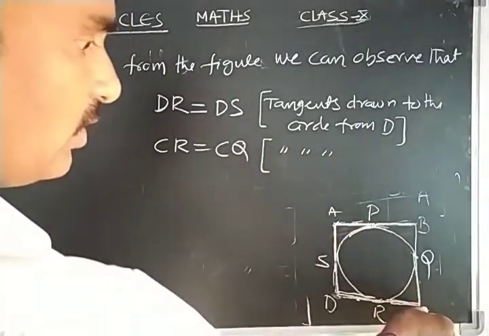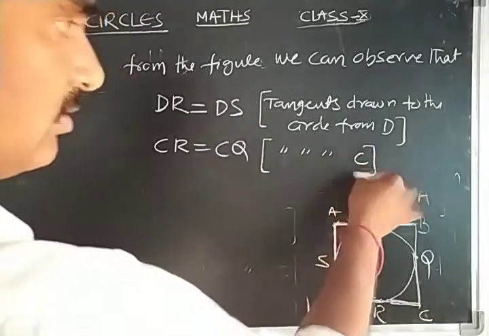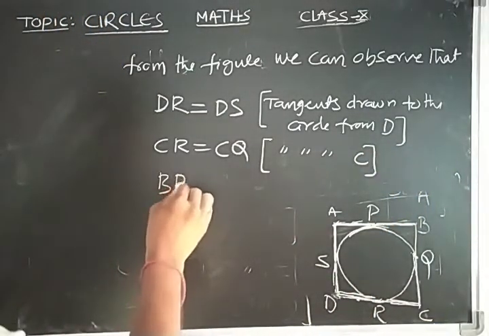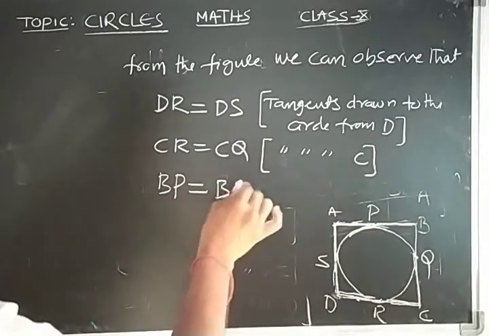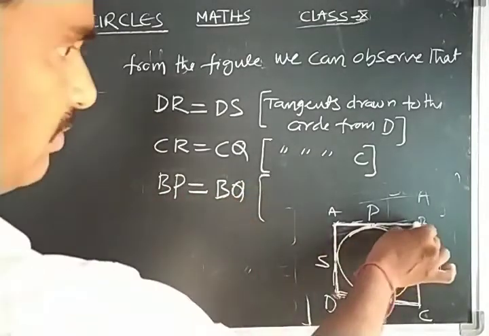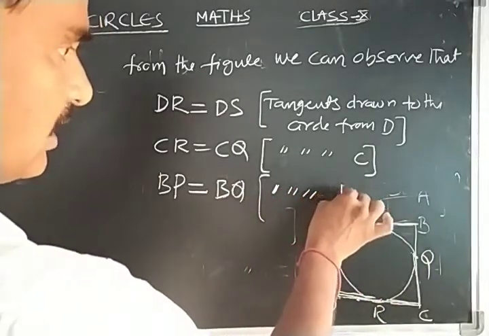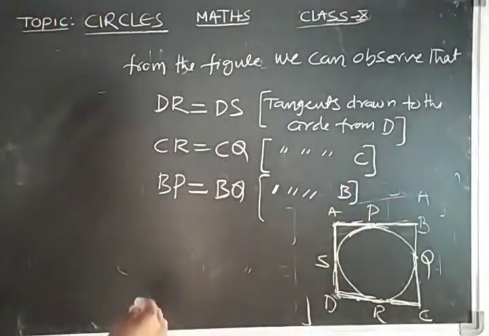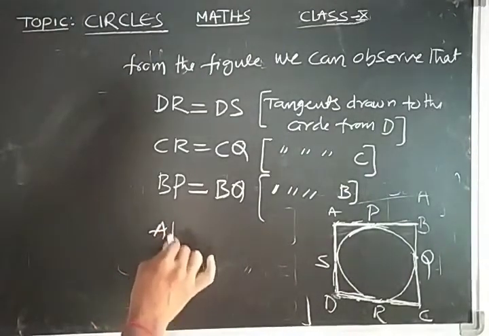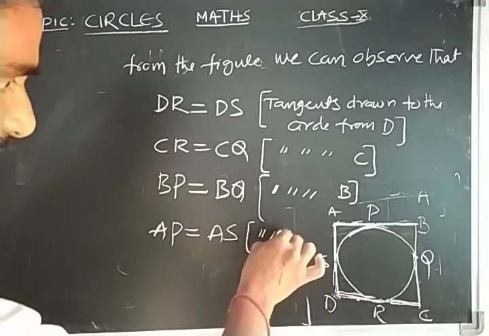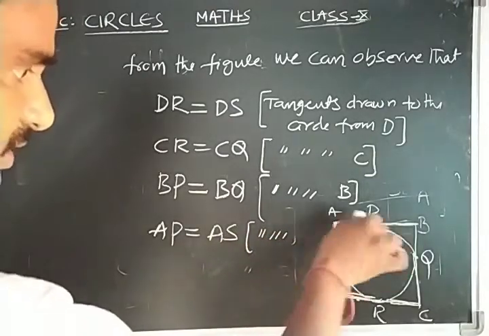Tangents drawn through the external point C. Next, BP equal to BQ. Again, the reason: tangents drawn through the external point B. Next, AP equal to AS. Same reason, tangents drawn through A to the circle.